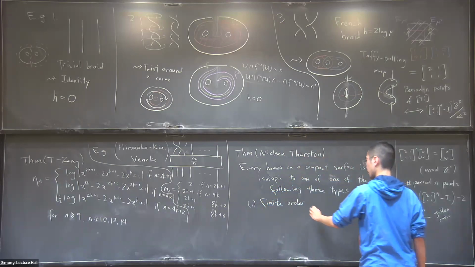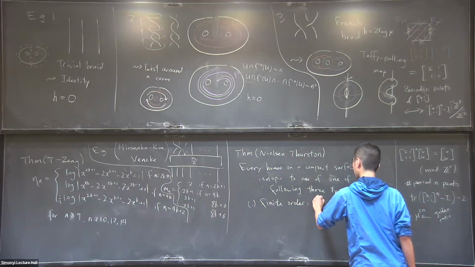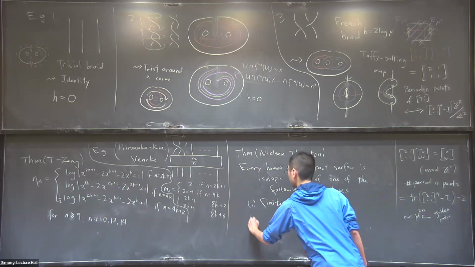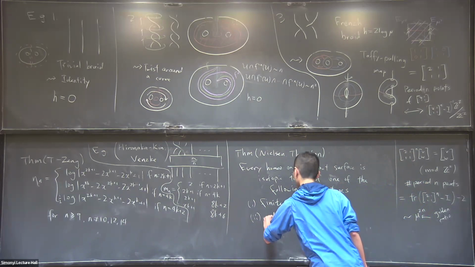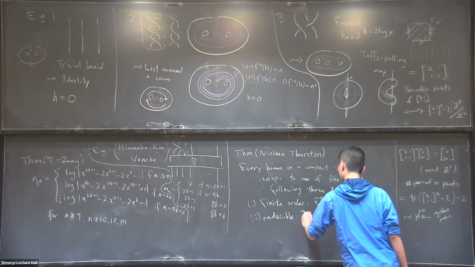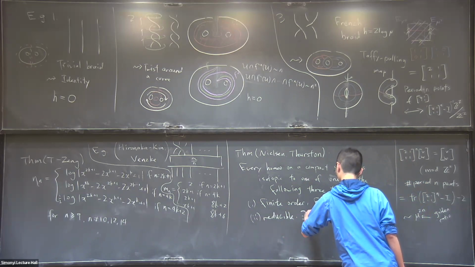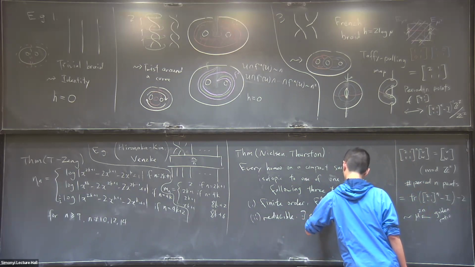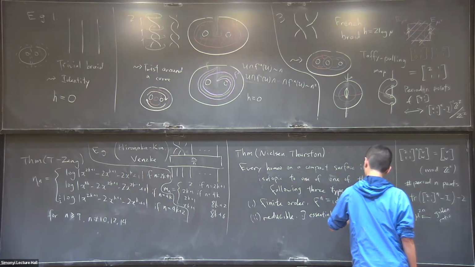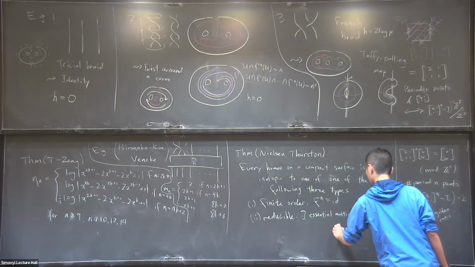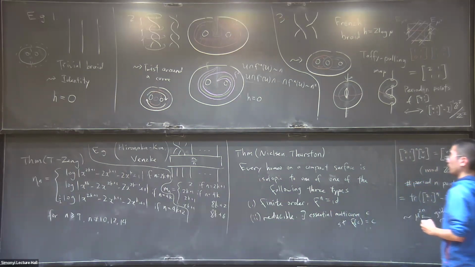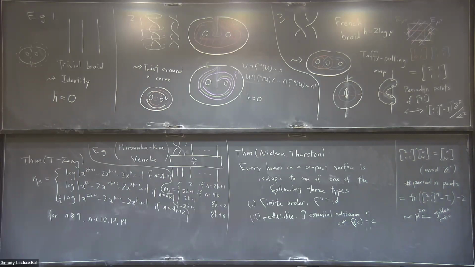Finite order means you raise it to some power, you get the identity. Second option is that it's reducible. This means that there is some essential multi-curve C that is preserved. In fact, you can make it fixed by the homeomorphism.